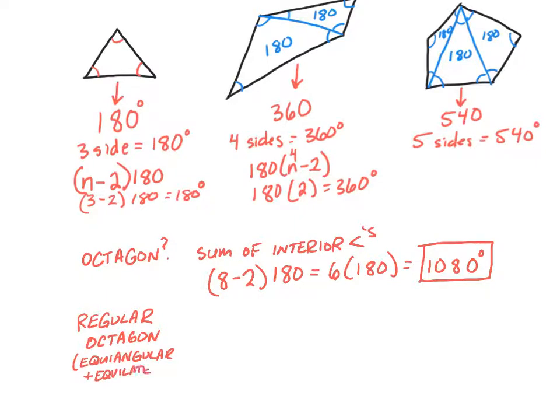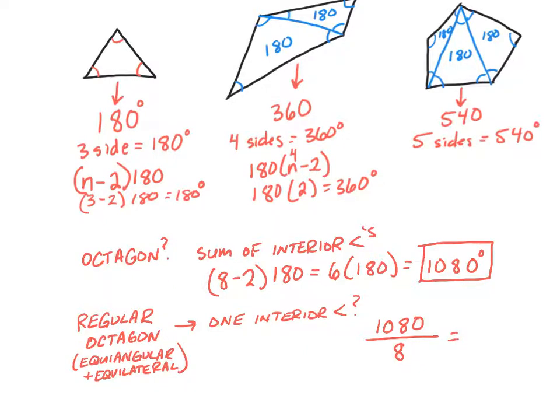But more importantly, it's equiangular, which means if I want one angle, I can just take my 1080 and divide that by 8 because there are 8 angles.